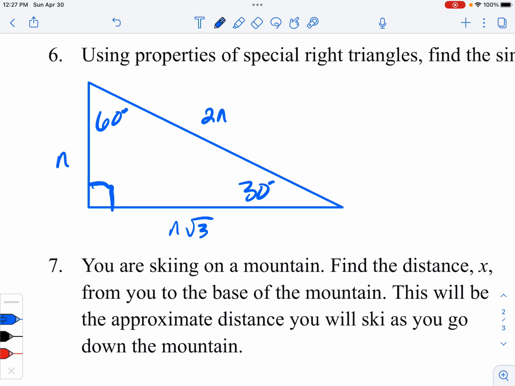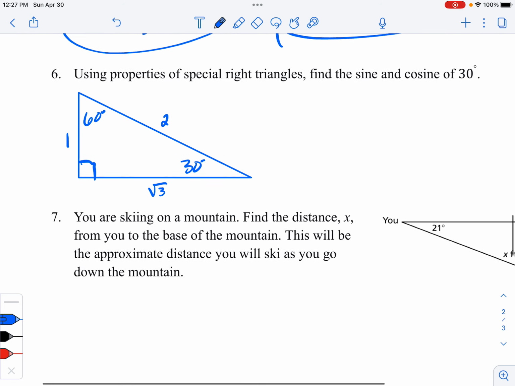This just tells us the ratio, how the sides are related to each other. For these models, it's going to be beneficial if instead of n, we just use the number 1, right? Because we want actual numbers in here.